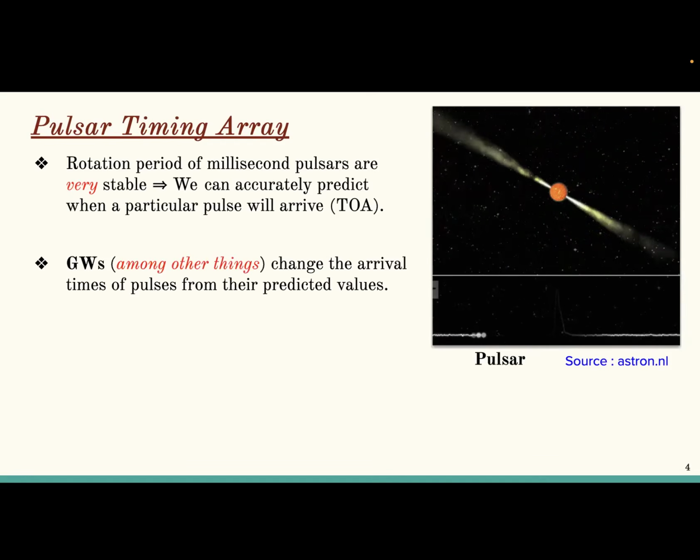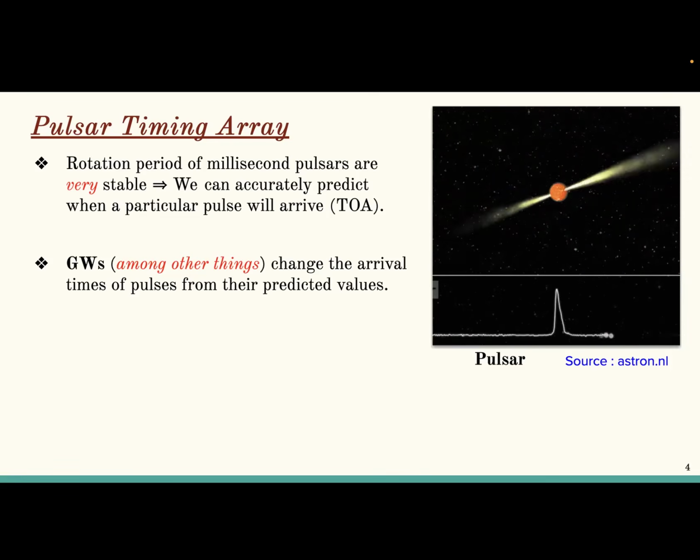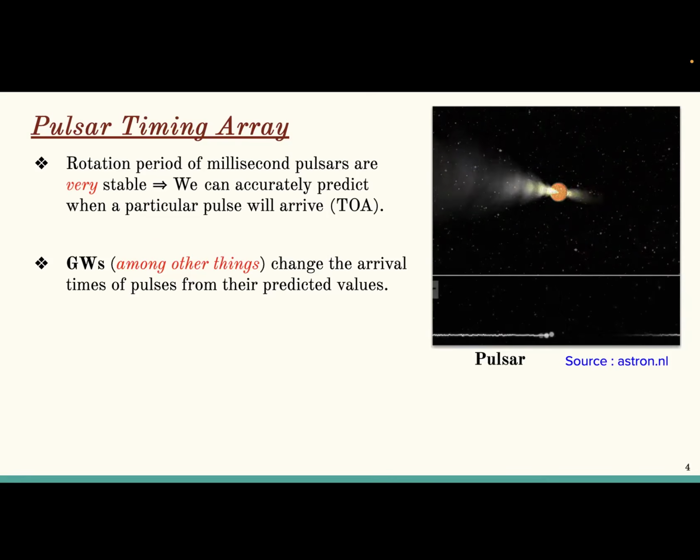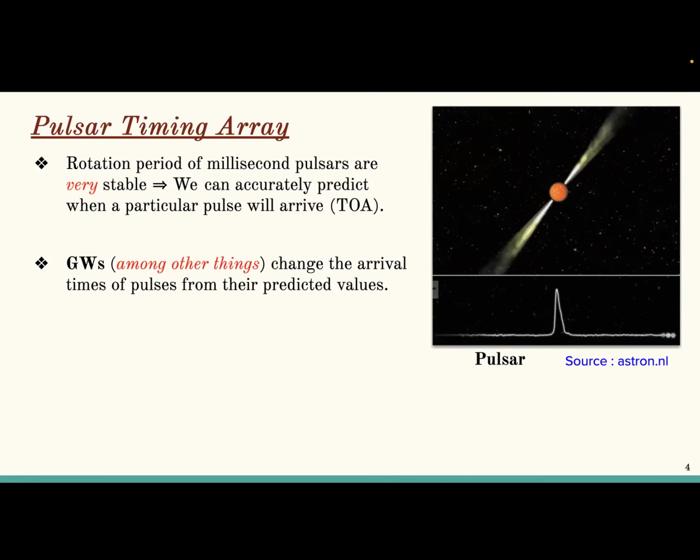Now, if there are gravitational waves, then the gravitational waves can change the arrival time of pulses from the predicted values. But again, gravitational waves are not the only thing. There are other things, for example, pulsar intrinsic noise, the interstellar medium through which the pulses are propagating, and instrumental noise. Everything can also affect the arrival time of pulses.